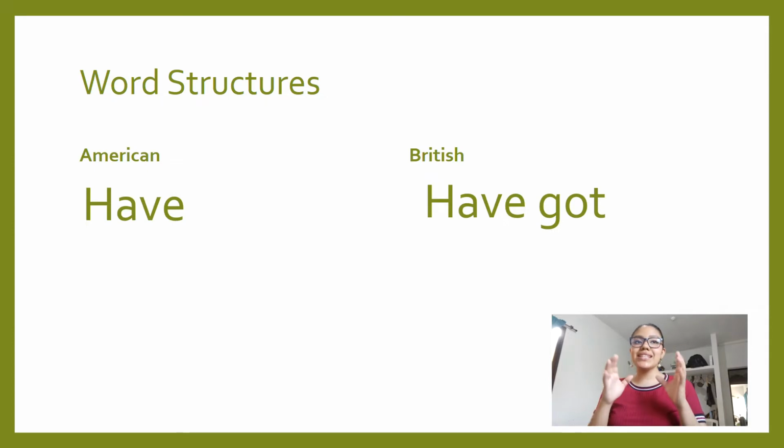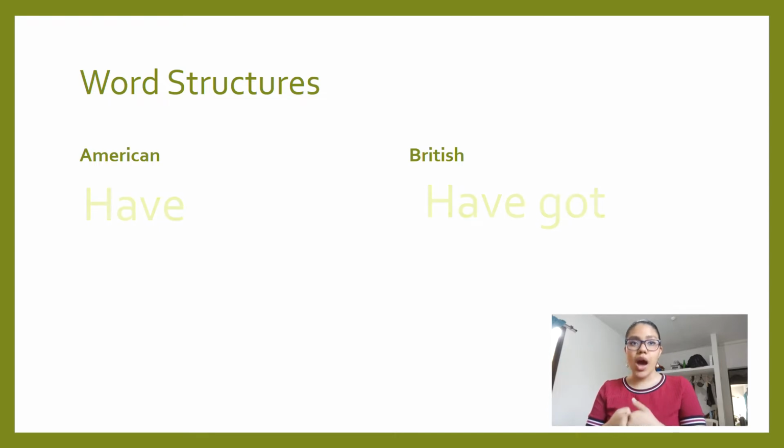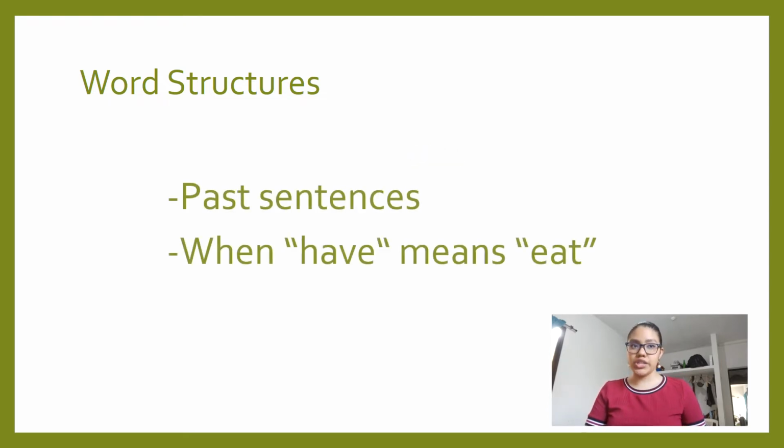So, we can change have for have got, and it'll mean totally the same. But we cannot change it in every single situation, for we have rules. We cannot change have for have got when the sentence is in past or when we are referring to the meaning eating with the word have.